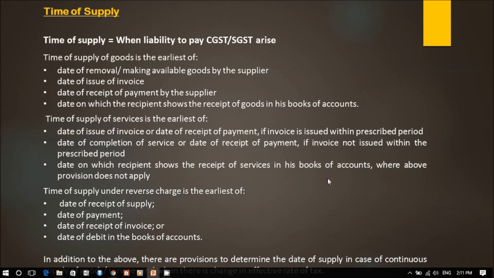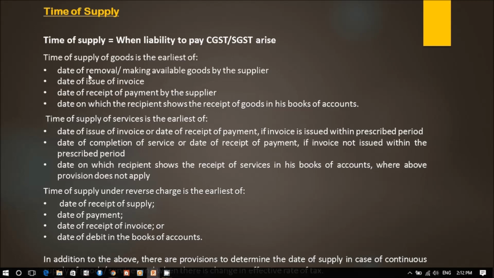Listen carefully: if the goods are required to be moved, then the condition would be date of removal. But if the goods cannot be moved, then the condition would be making available goods by the supplier to the recipient.